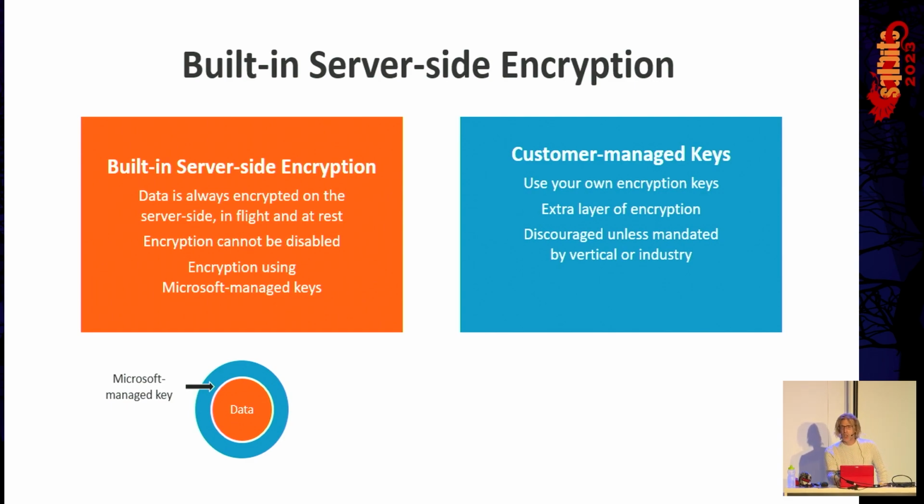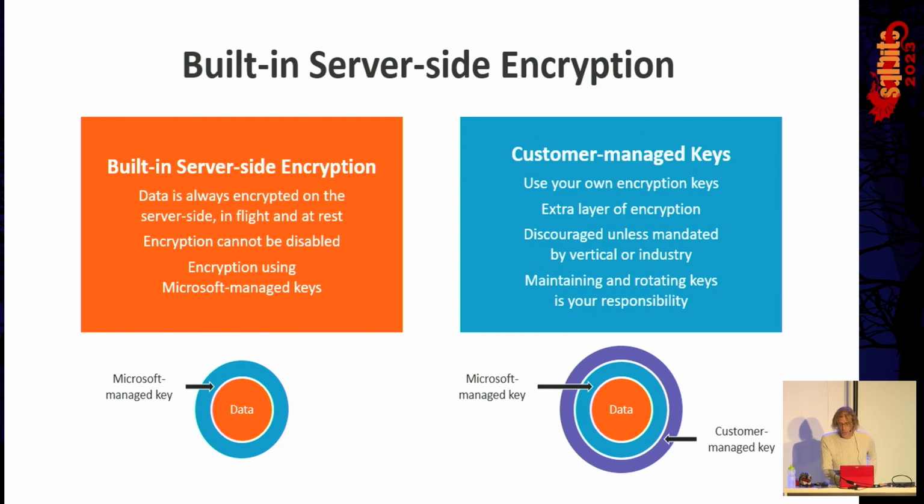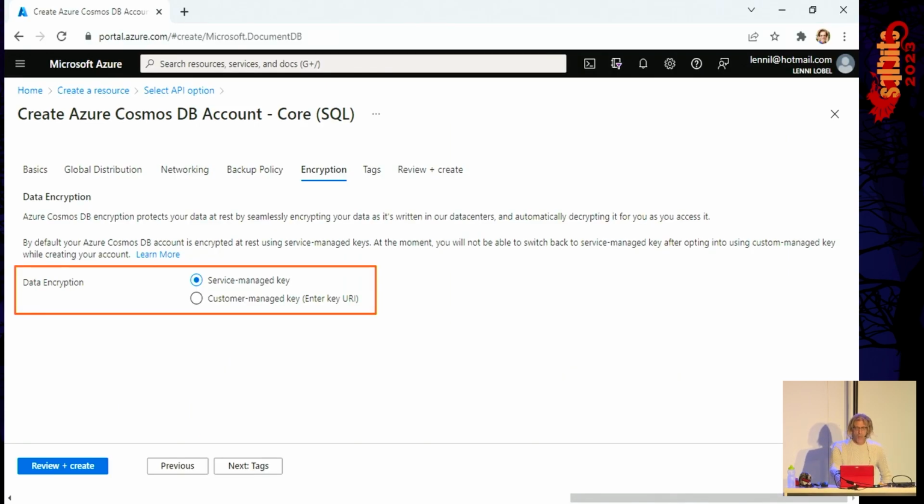If it's mandated, you can do it, but then maintaining that key becomes your responsibility, and you still are getting that first level. Microsoft is going to encrypt your data and then encrypt it again if you opt in for customer managed key encryption on the server side. That's a lot of encryption. And when you create a new account, or sometime after, you can, I wonder if you can change this once you create the account or not.